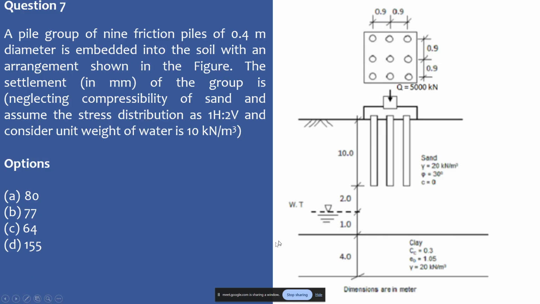Here, we are basically neglecting the compressibility of the sand. So we need to consider compressibility for the clay soil only. If our pile group is subjected to a certain vertical load, then the load gets transferred to the clay soil, and the settlement of the foundation happens due to the settlement of the clay soil.